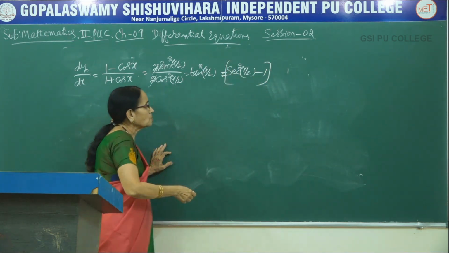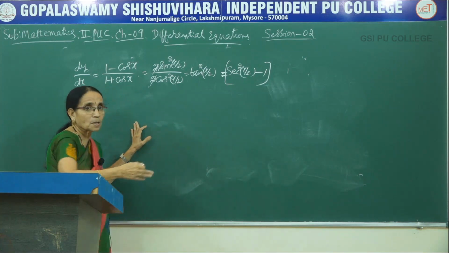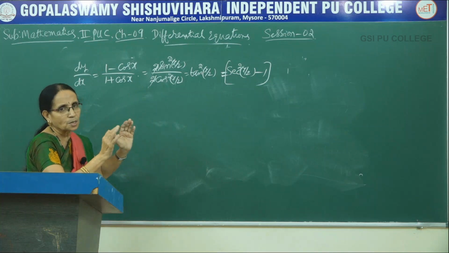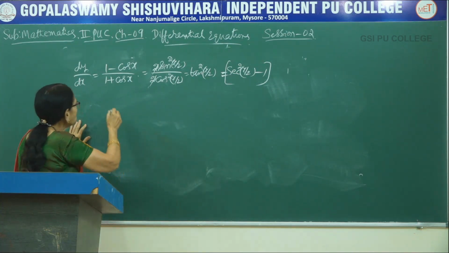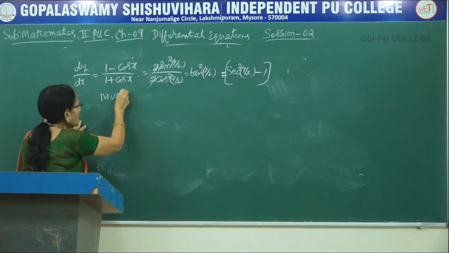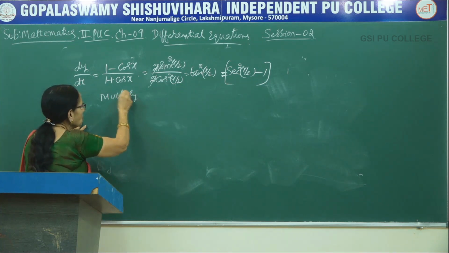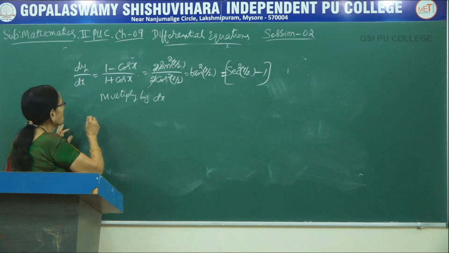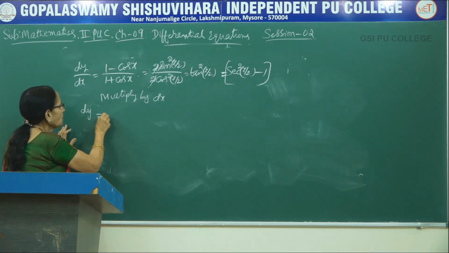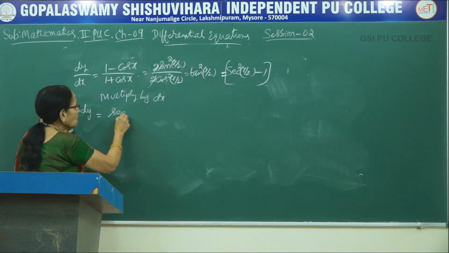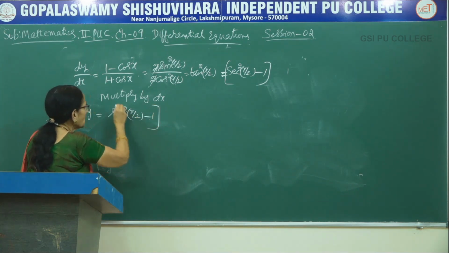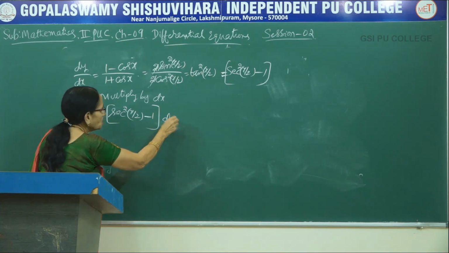Okay. Now, of course, after cross multiplying also you can do all these things. I am just preparing the function in the beginning itself. Now, multiply by dx. It does not contain any y term at all. That is, dy would be equal to what you have on the right hand side, secant square x by 2 minus 1 into dx.